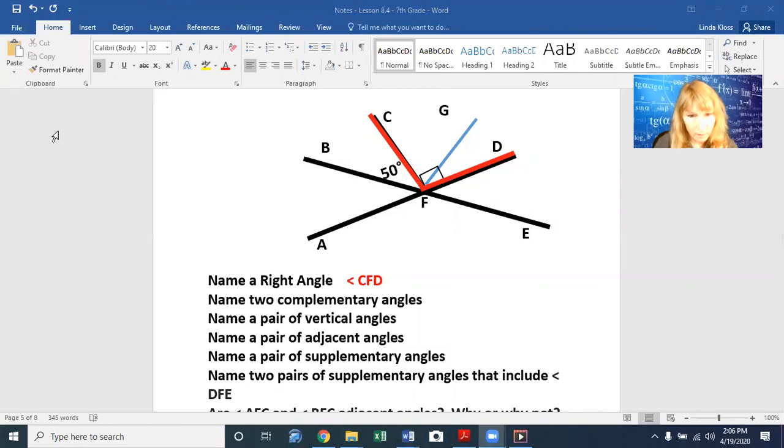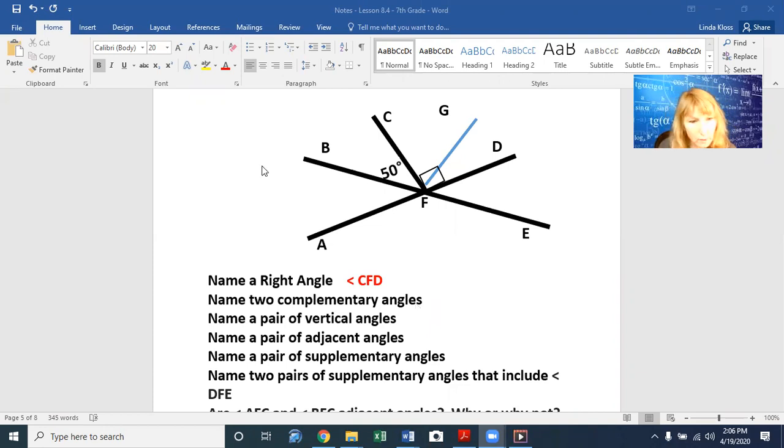Okay, I'm going to clear my thing, get extra things out of there. The next one, name two complementary angles. What are complementary angles? Complementary angles are angles that together their sum measures 90 degrees. Can you find two angles there that will measure 90 degrees?